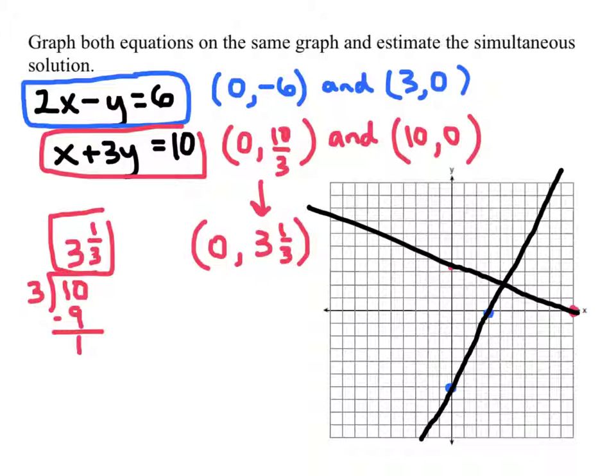And you'll notice that we're looking for the point that is common to both of the graphs. So the way I'm looking at it right now is I'm seeing where the intersection is. So that's estimated to be about, let's see, that's the solution.